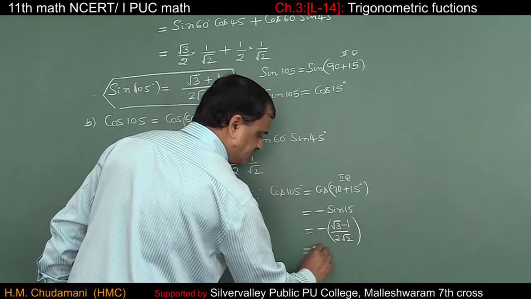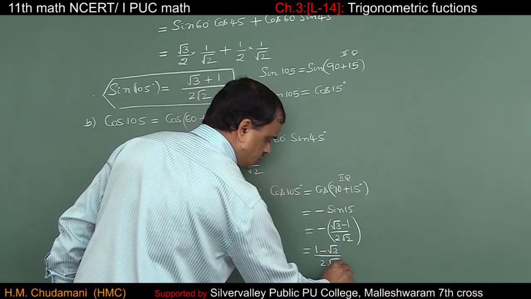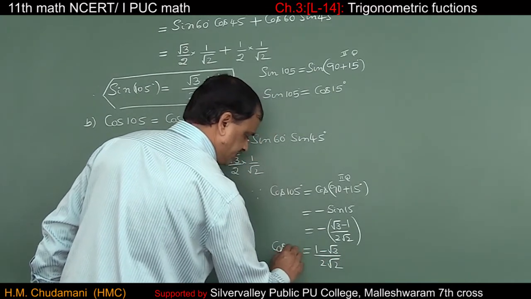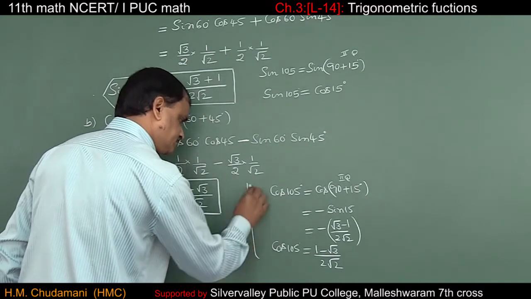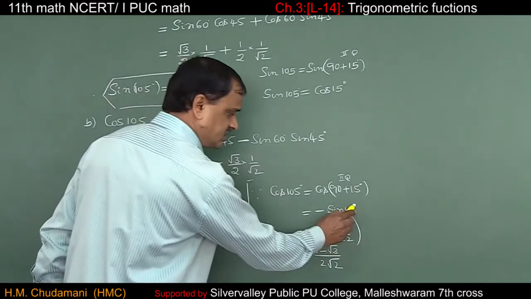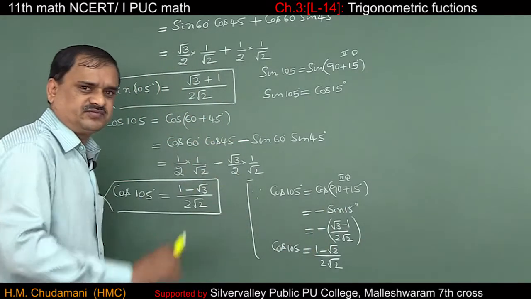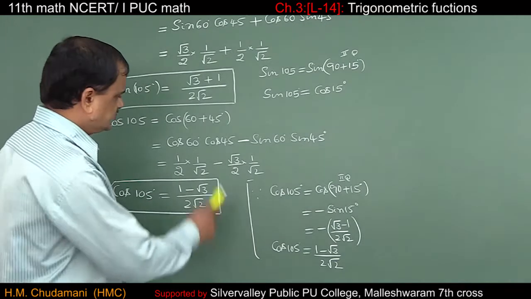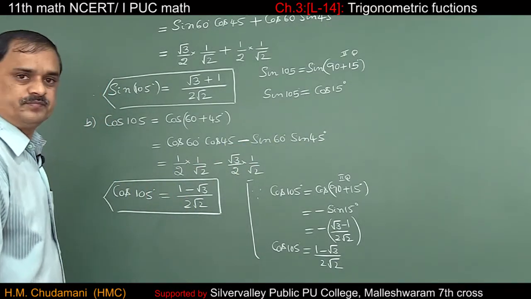Minus of this means 1 minus root 3 divided by 2 root 2. This is another method. Okay, you can follow this. Of course, you should remember sin 15 degrees. Otherwise, 60 and 45 are standard angles, you know. So this is better. 1 minus root 3 divided by 2 root 2.